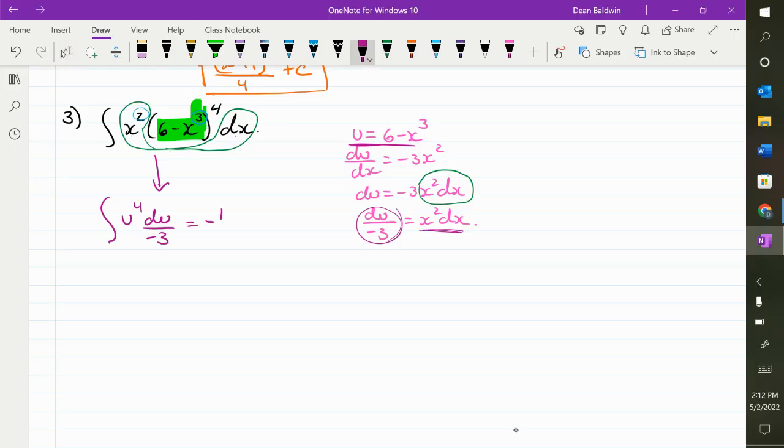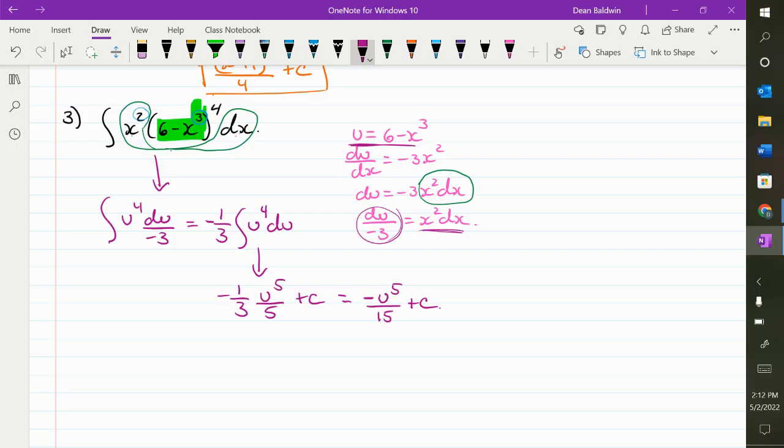So I'm pulling the -1/3 out of the integral. So I get the integral of u to the 4 du. That's a power rule. u to the 5 over 5 plus c. I can combine those denominators and I get -u to the 5th over 15 plus c.